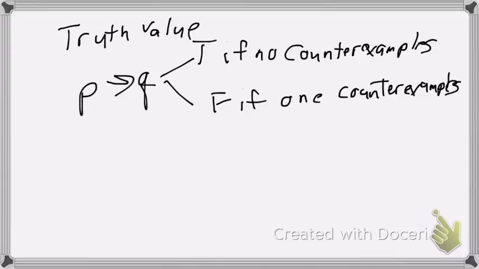Logical truth and fault breaks down in the way that if there is even one exception, then the whole statement is considered false. So if I said, if it is Colorado, then it snows in the winter. Okay? If we went back and let's say 200 years ago, it didn't snow one winter in Colorado, then that would be a false statement.